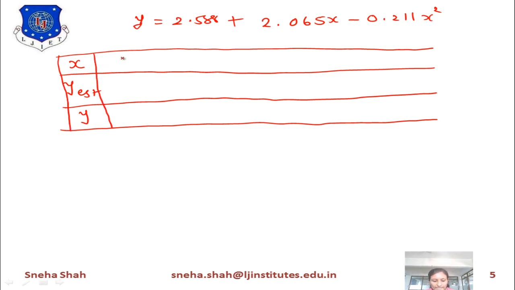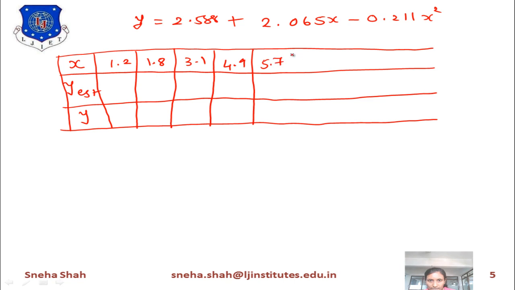Now the values of x are given to you like this: 1.2, 1.8, 3.1, 4.9, 5.7, 7.1, 8.6.